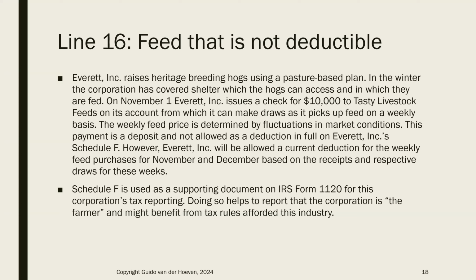Again, I'm just illustrating this here as Schedule F is used as a supporting document for Form 1120. This is a C corporation in this example, and doing so helps the corporation report that it is the farmer and could benefit from the tax rules afforded the agricultural industry. So the takeaway point from this slide is not to make a deposit, but actually to buy a set quantity at a set unit price at a certain time.